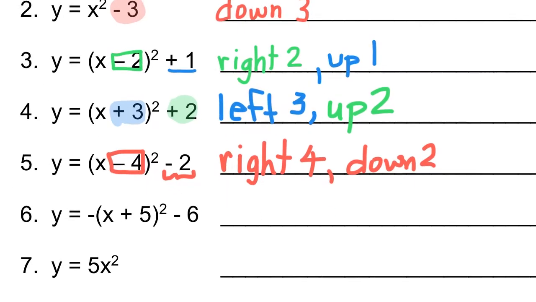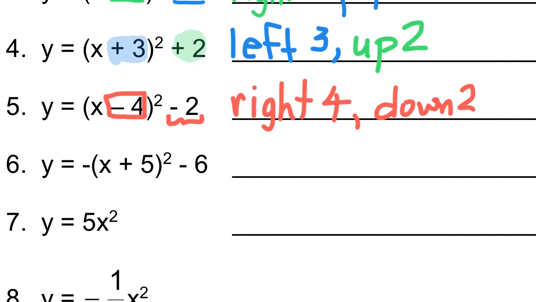Now in number 6, I want you to notice how many transformations there are. So I see 3. Right here, that coefficient in front of the parentheses means that this parabola will open down.